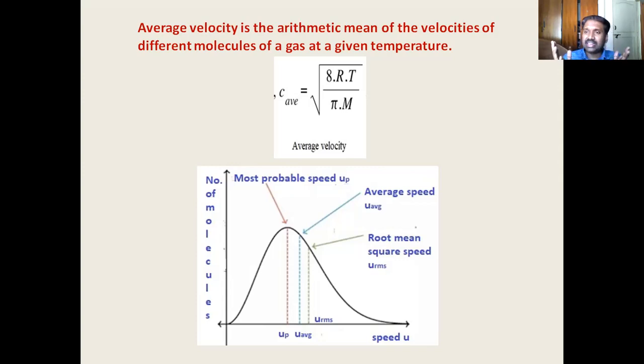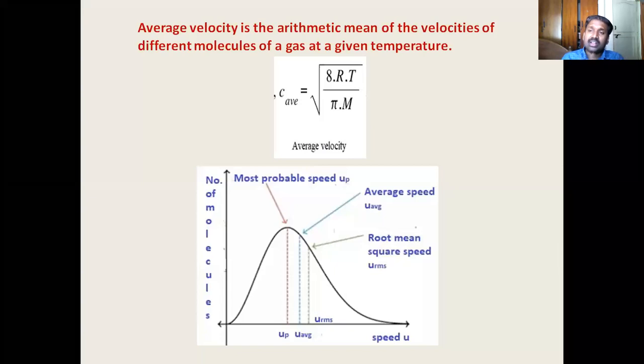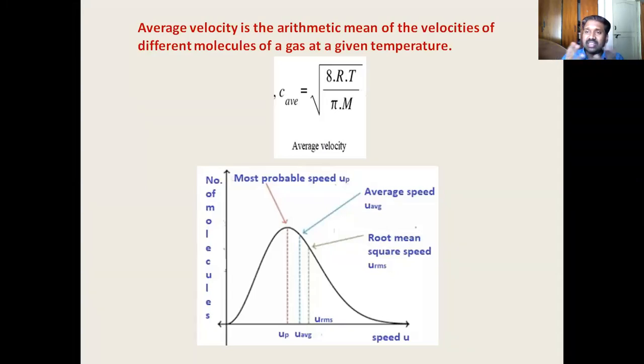Average is a statistical term basically. Root mean square average is also a statistical term. See, root mean square average is not just limited to velocities. It is a bigger term used in statistics. For any quantities, you can do that. It is a very strong term in statistics, applied in many other cases, not just velocities of gas molecules.